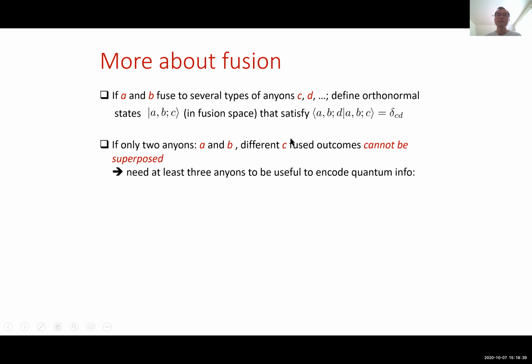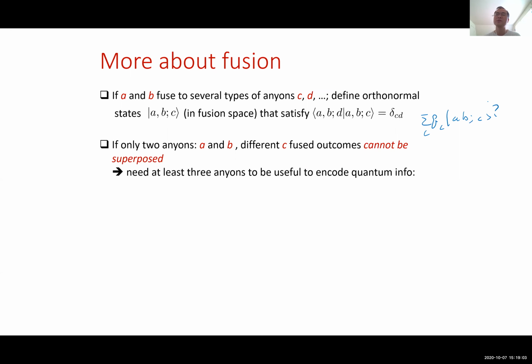But a drawback is that we cannot use different C as a basis to encode information. So for example, maybe you say, okay, can we use this, and we sum over this and we use some amplitude?